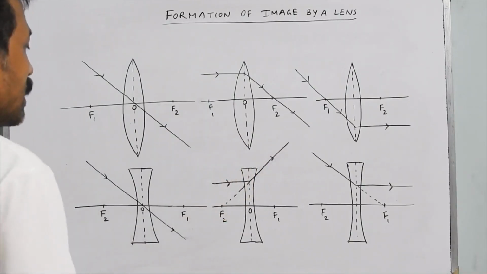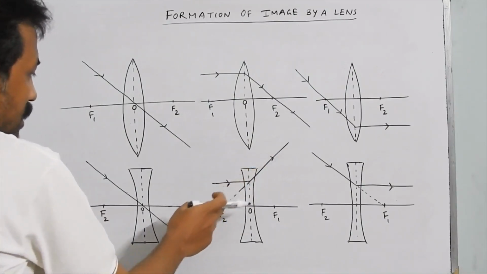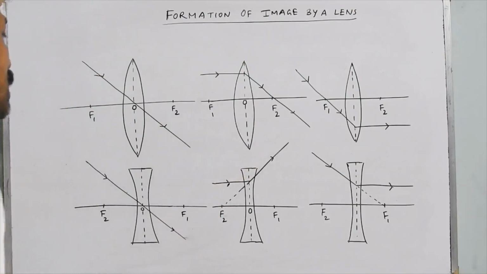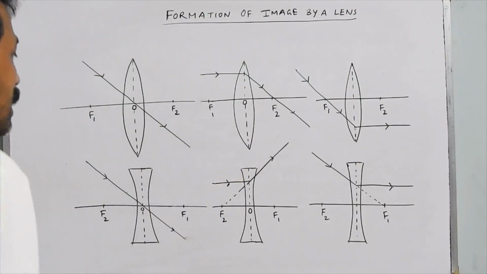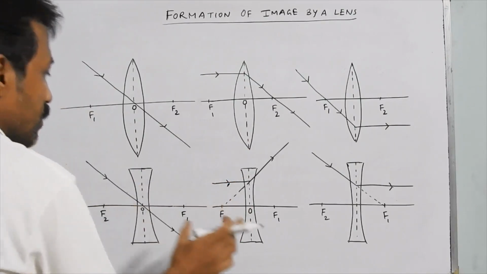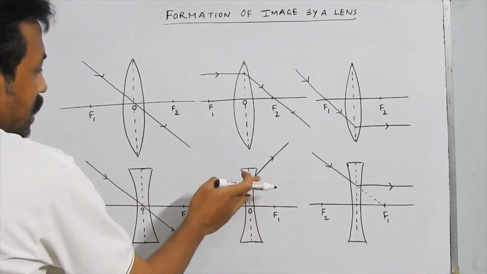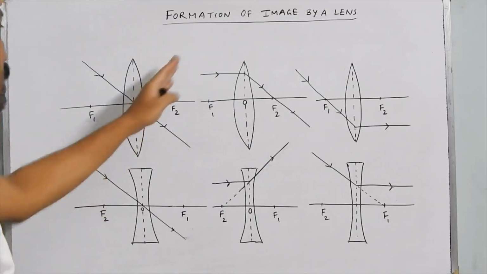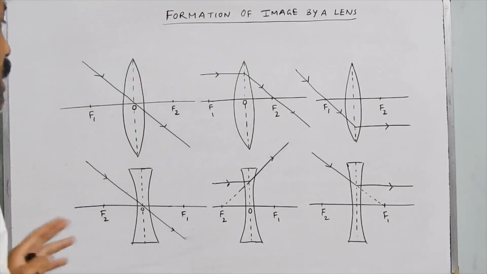That means the ray is produced backward and it appears that it has originated from the second principal focus. So we say that a ray parallel to the principal axis after refraction from the concave lens appears to diverge from the second principal focus. This might be taken as the second principal ray for drawing ray diagrams.